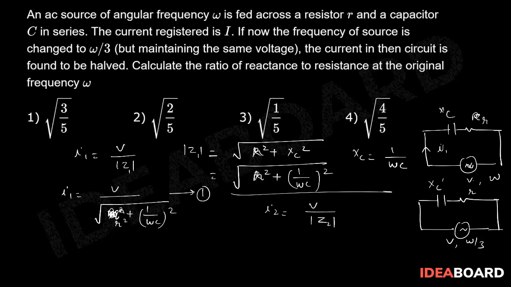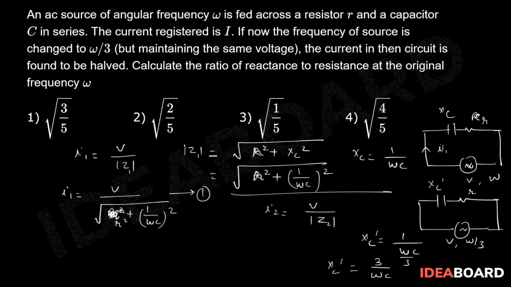Before that, we need to calculate Xc dash, which is going to be 1 upon omega by 3 into C, which I can write as 3 by omega C.